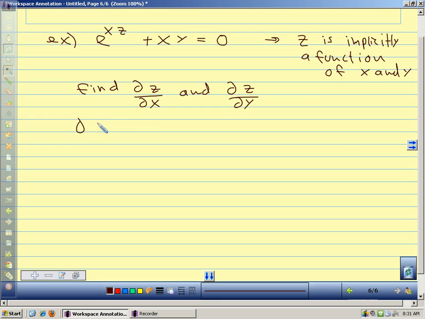We know that dz dx is minus the partial of the function with respect to x over the partial of the function with respect to z, and dz dy is minus f sub y over f sub z.